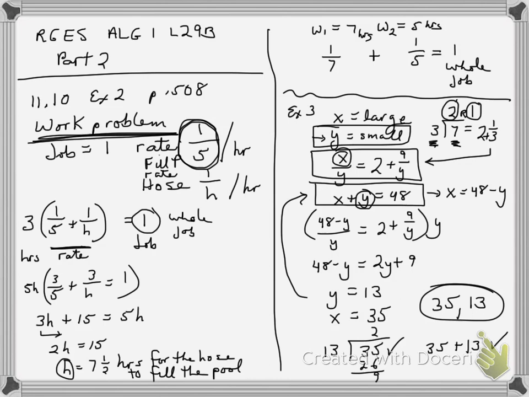Let me do you one more example, example 4. Example 4 is a soup can probability problem. A flood washes all the labels off the soup cans in a grocery store.